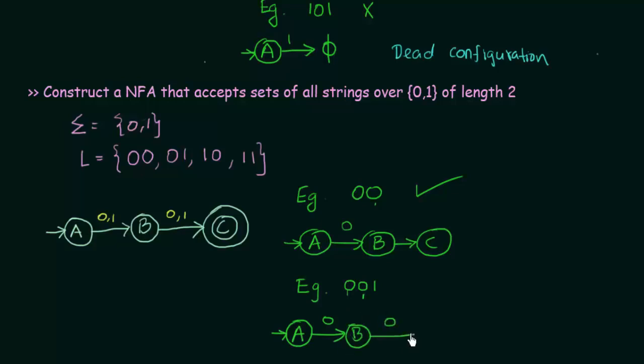I'm in state B, and on getting this 0, B goes to state C. And now I have the next input 1, and C on getting input 1, where does it go? It has no place to go. It does not go anywhere. So we represent it with phi, meaning C does not go anywhere. So at the end, I am at phi. So this string is not accepted.